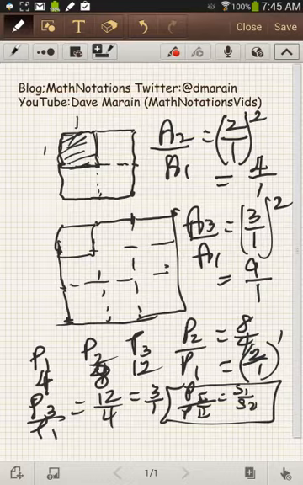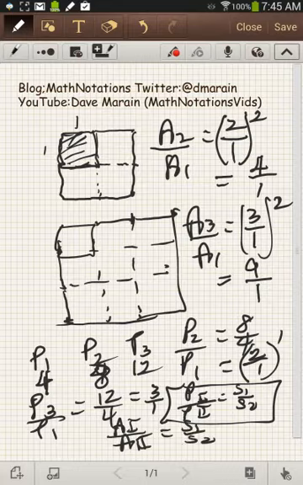And we're using squares as the springboard for this because it's the most common figure, it's easiest to see. And it appears that the relationship between the areas is not a linear relationship. It's area figure 1 to area figure 2 is side 1 to side 2 quantity squared.